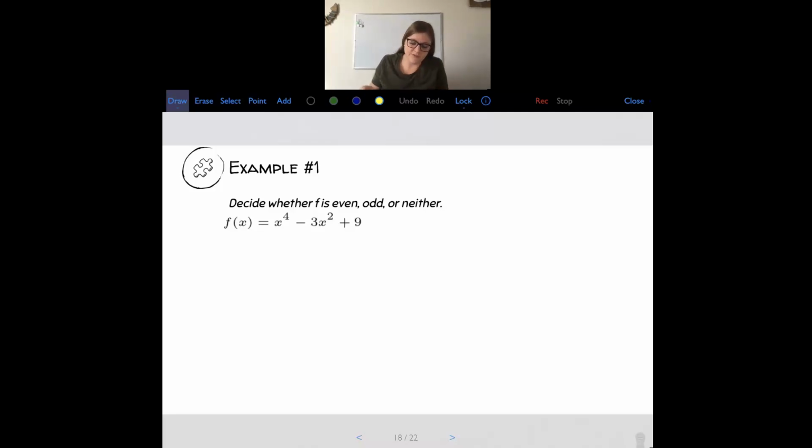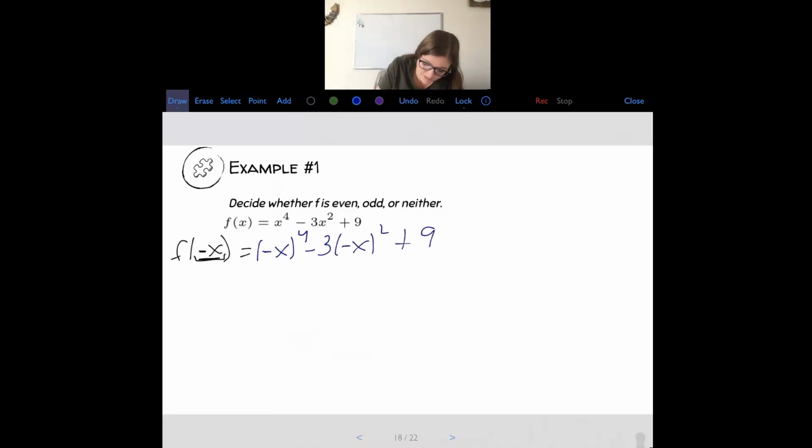So example 1, determine whether f is even, odd, or neither. To first check to see if the function is even, we check f of negative x. So that means our input, we're replacing every x with negative x. So that looks like negative x to the 4th minus 3 times negative x squared plus 9. So this equals positive x to the 4th, since negative x to the 4th is positive x to the 4th, and negative x squared is positive x squared, plus 9.